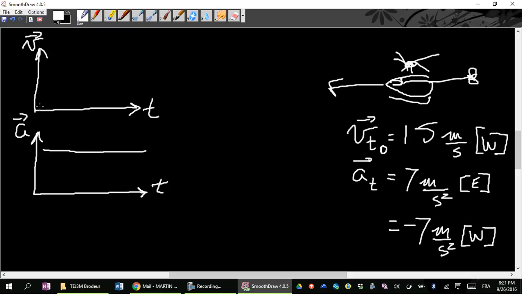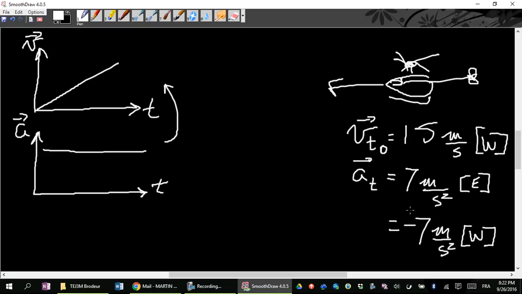That means my graph in terms of velocity, if I'm going backwards like this, it would look like this, right? Now we know it's slowing down, so it's just going to do the opposite. So instead of going like this, it's going to go down. So that means my acceleration is not going to be here, it's going to be under, because it's the negative. We have it here. It's negative.